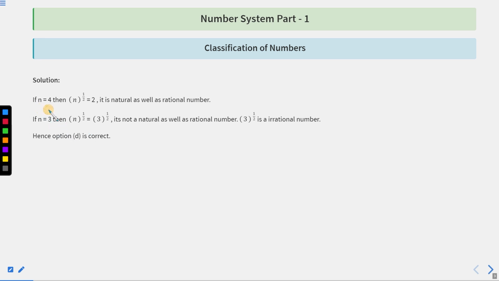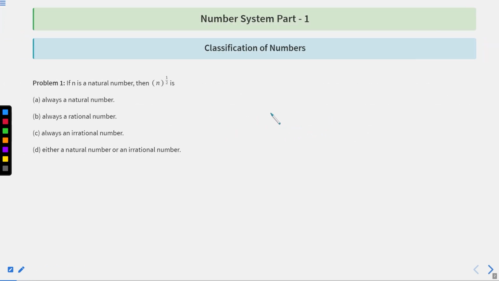If I choose n equal to 4, then 4 to the power 1 by 2 is going to be 2, so it is a natural number as well as a rational number. And if I choose n equal to 3, then 3 to the power 1 by 2 is not a natural number, and it is not a rational number, it is an irrational number. So in that case, which option is correct?